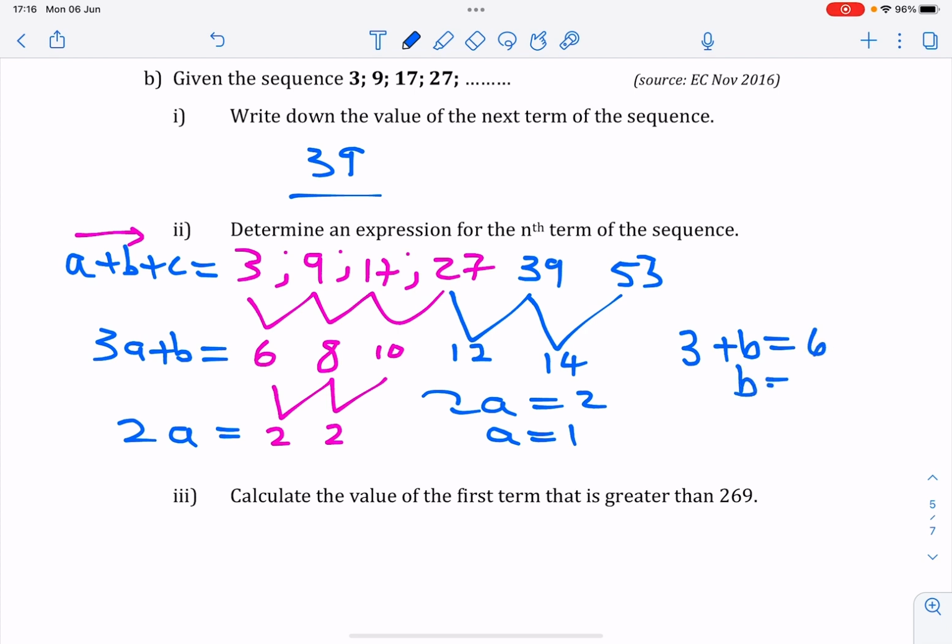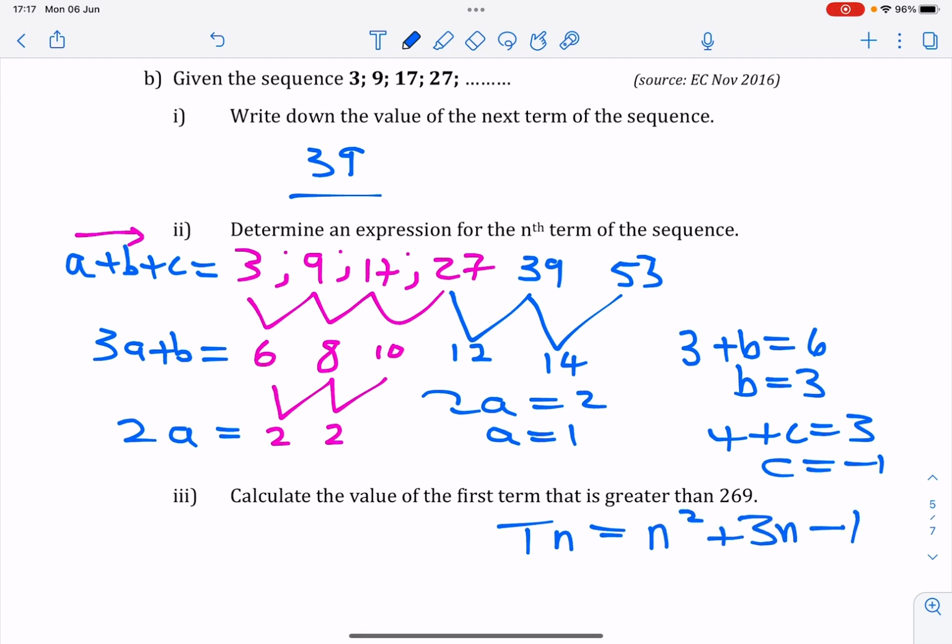So b is equal to 3. Then a plus b plus c. So 1 plus 3 is 4. Plus c is equal to 3. So c is equal to minus 1. So Tn is equal to n squared plus 3n minus 1. And that's our general term.